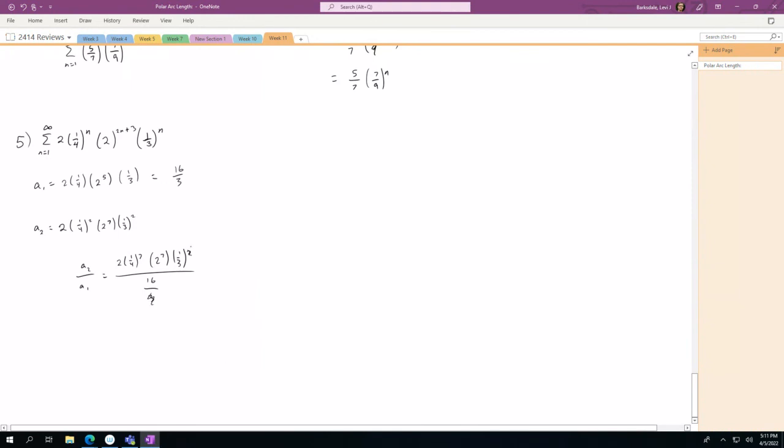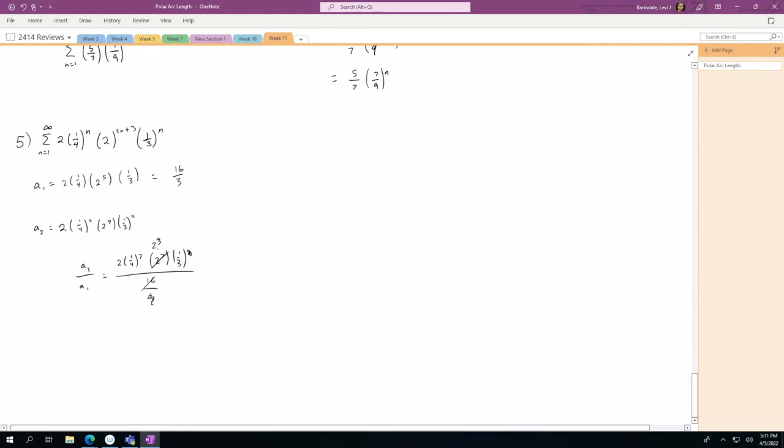We can cancel one of our 3's with one of our 1/3s on top. And we also have 16 is 2 to the 4th, so we can cancel 16 with 4 of our 2 to the 7ths. We're left with 2 to the 3rd.